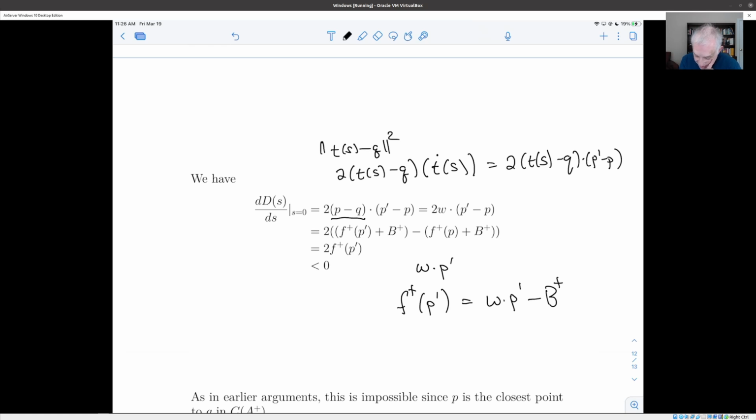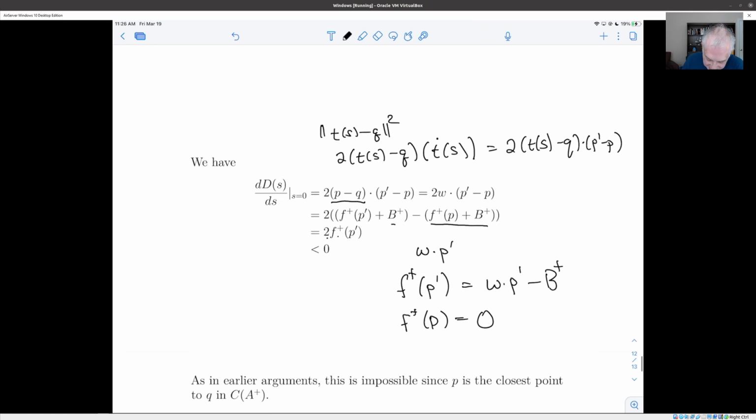But of course, this is just 0 because F plus of P is 0. And so these B pluses cancel out. And so this is 2 F plus of P prime.